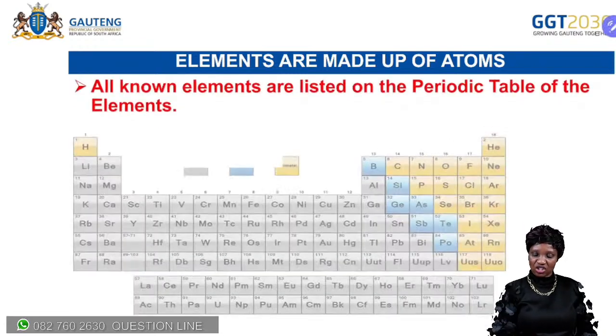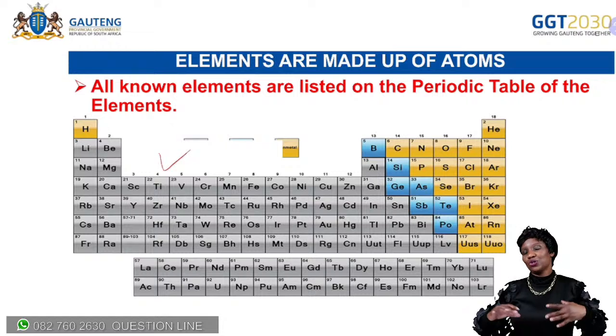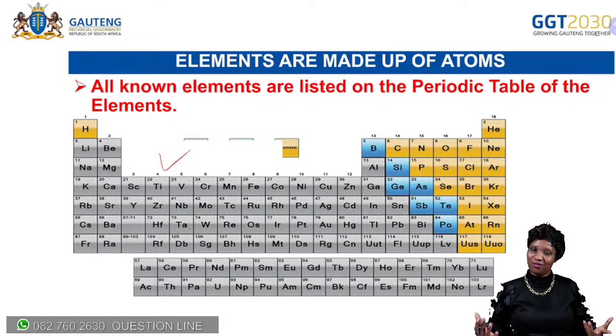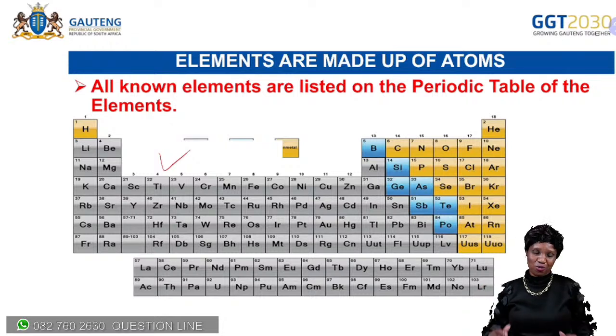All right, let's check the periodic table of elements. This is the periodic table of elements here, and it has got all the known elements. And if some elements are found, they are added on the periodic table of elements. But all the known elements are on the periodic table of elements. Do you get it? And then these are unique.